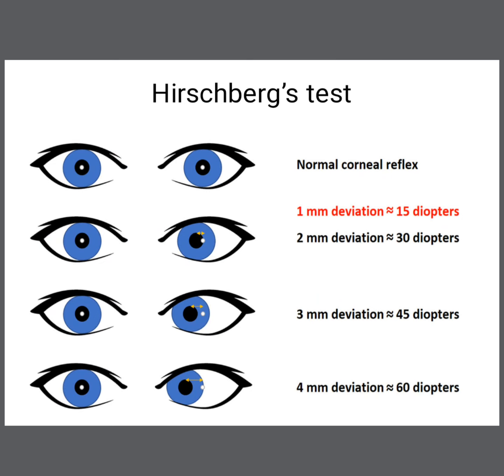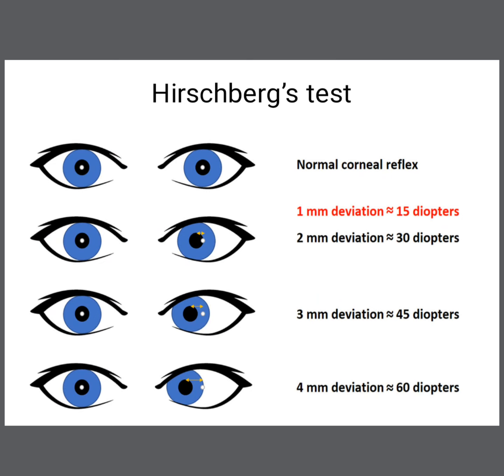And in the third figure, the corneal reflex is decentered temporally and it falls between the pupillary border and limbus, so it gives around 3 mm of decentration. So the amount of squint will be approximately 45 prism diopter of esotropia.